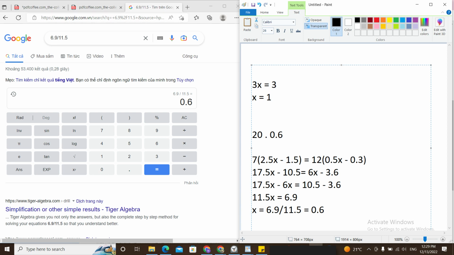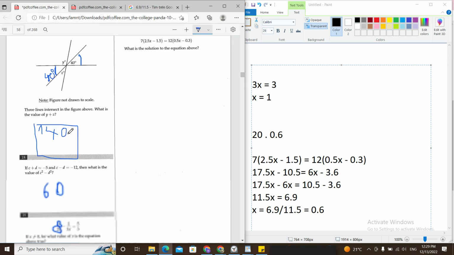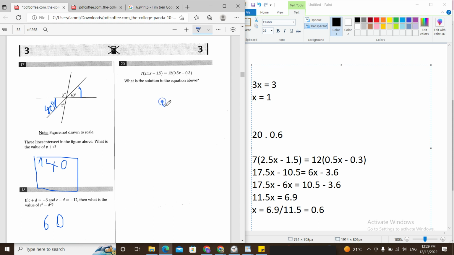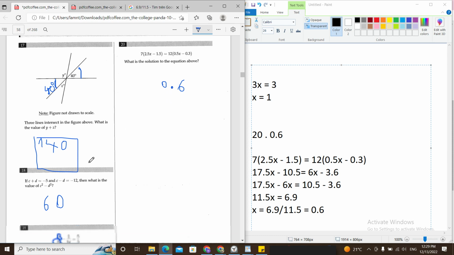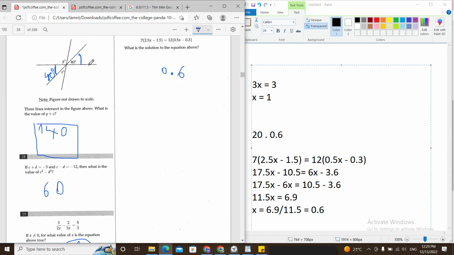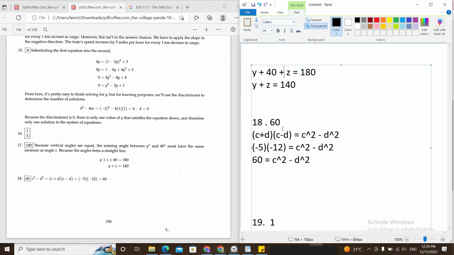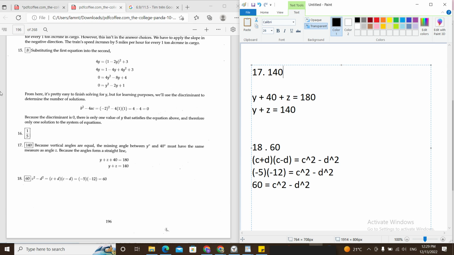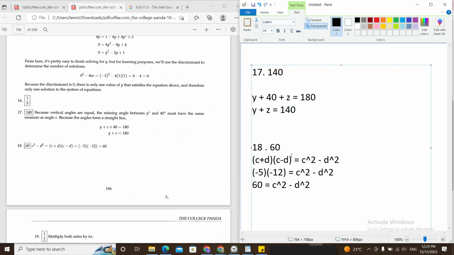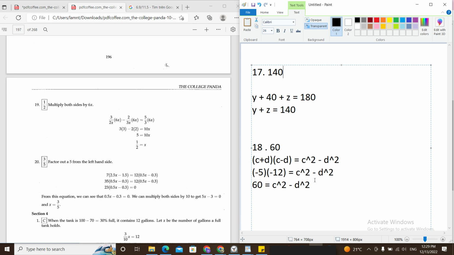Okay, so let's check the answer out. From the earlier ones, 17 is 140, 18 is 60, alright, 19 is a half.